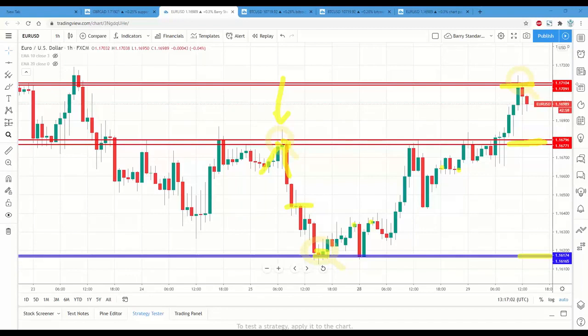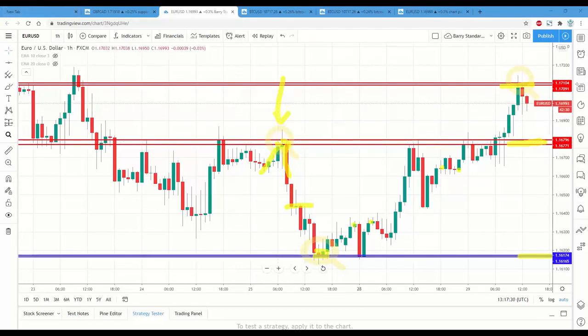It could be part of a whole different strategy. But this setup is only based on 4 points. 1, that price has been moving in a specific direction. 2, that an indecision candle formed directly on your support or your resistance zone. That's only step number 2. But unless this has occurred, you can't go on to step number 3.